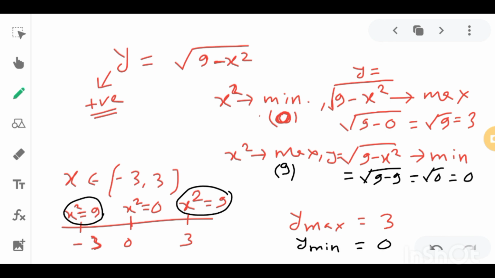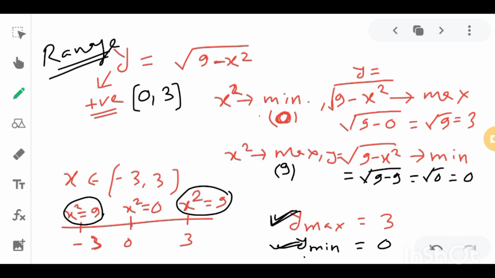So first information I got that y is positive. Now I got the minimum value of y is 0 and the maximum value of y is 3. So y will vary from 0 to 3, and this will be included because 0 is included. So closed interval, okay? And this is nothing but our range, correct? So the range is found as 0 to 3.